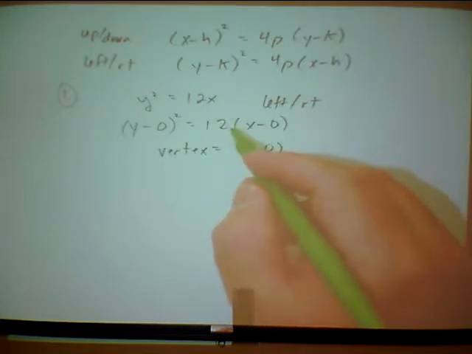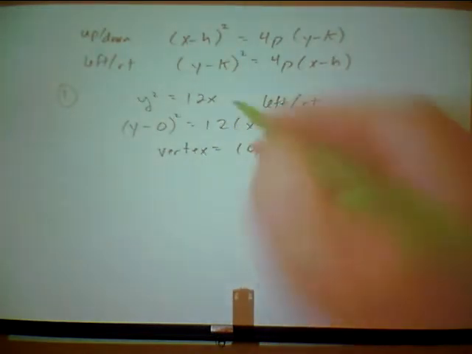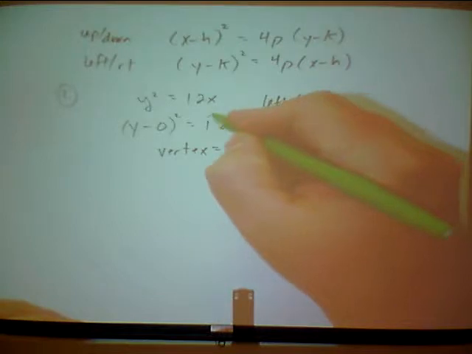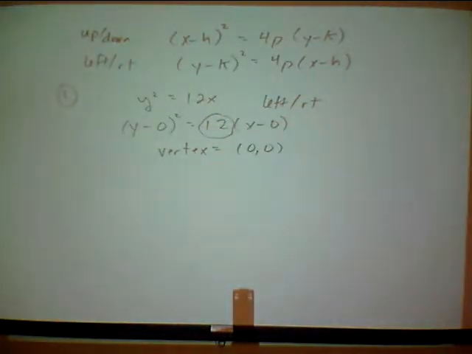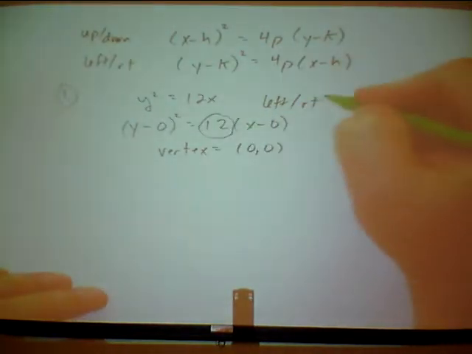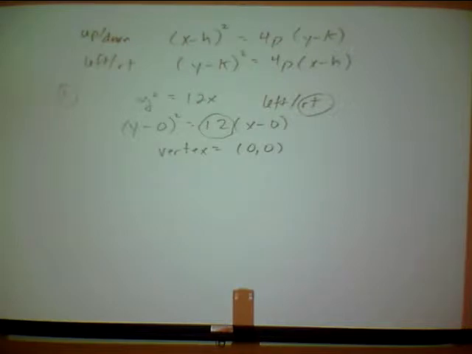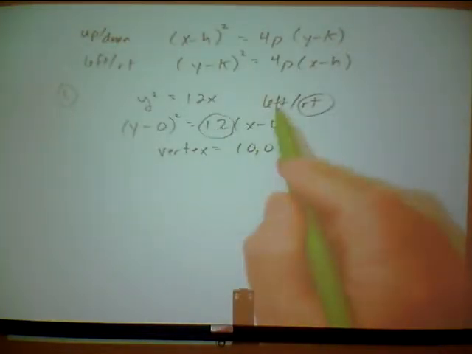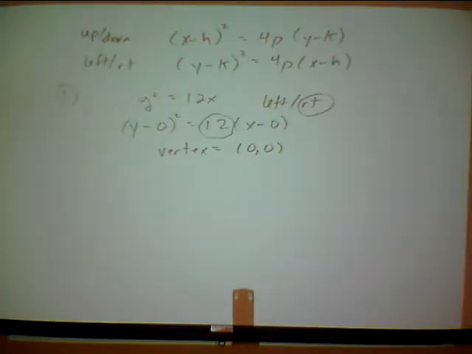Now that we have this in the standard equation, the sign of this number, by sign I mean whether it's positive or negative, will determine in this case whether it opens to the left or to the right. If that number is positive, which it is, it's going to open to the right. So I circle that because in this case, this parabola opens to the right. If the number had happened to have been negative, it would have been a parabola that opened to the left.